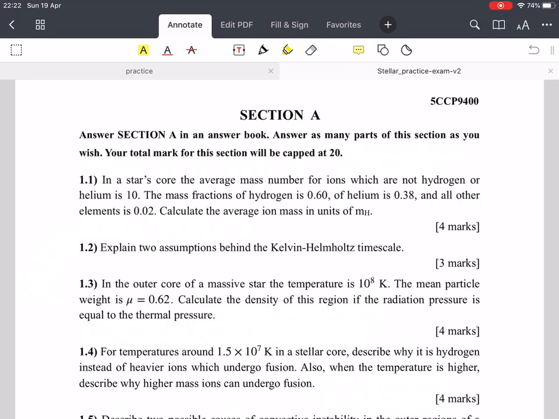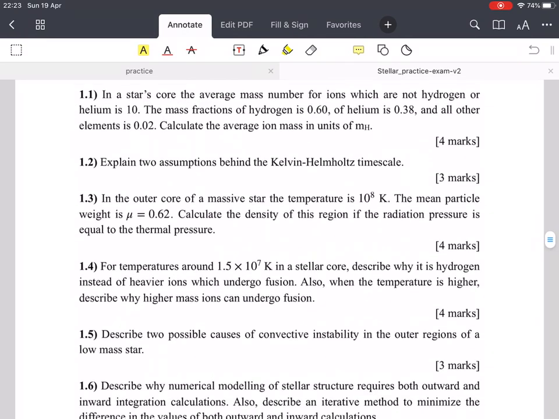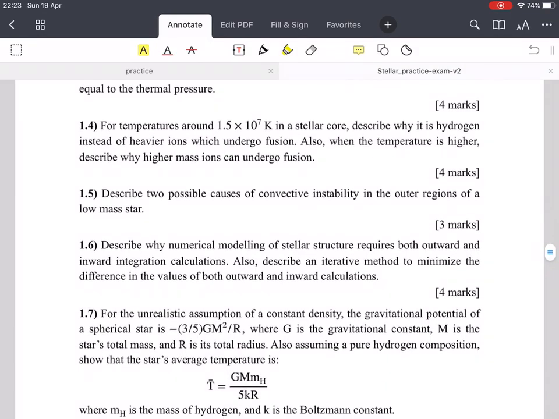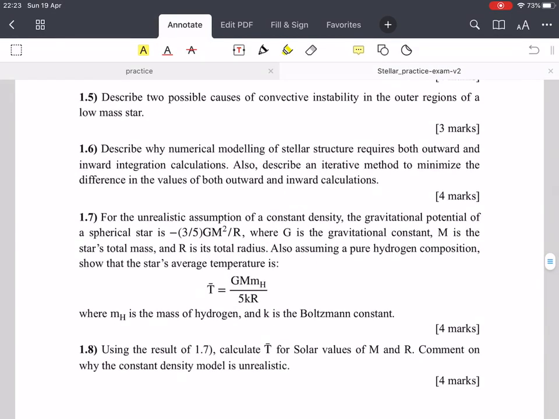So in section A, again, it's capped at 20. Now, since you have enough time, it's probably worth answering every single one of them. But there's actually 30 marks, and the most you can get is 20. So if you get 29 out of 30, you'll still only get 20. In that way, you could skip one or two if you're confident, but might as well do them all on the real exam.